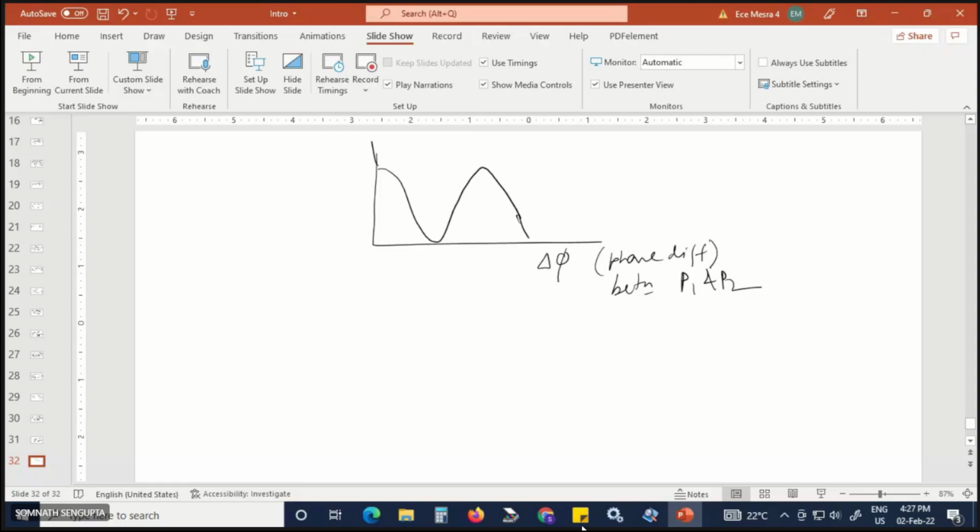So that phase difference is actually dependent on the applied voltage.